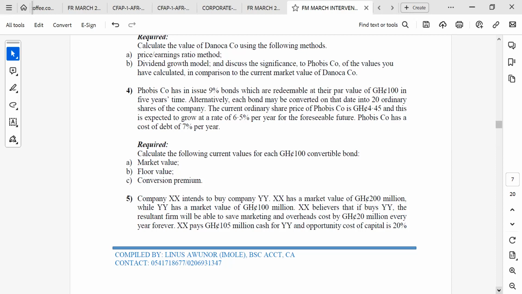The current ordinary share price of Phobisco is 4.45 cedis, and this is expected to grow at a rate of 6.5% per year for the foreseeable future. Phobisco has a cost of debt of 7% per year. Required, calculate the following current values for each 100 Ghana cedi convertible bond. A, market value. B, floor value. C, conversion premium.